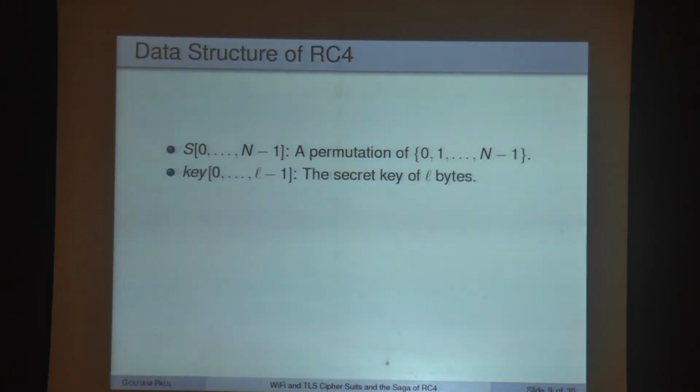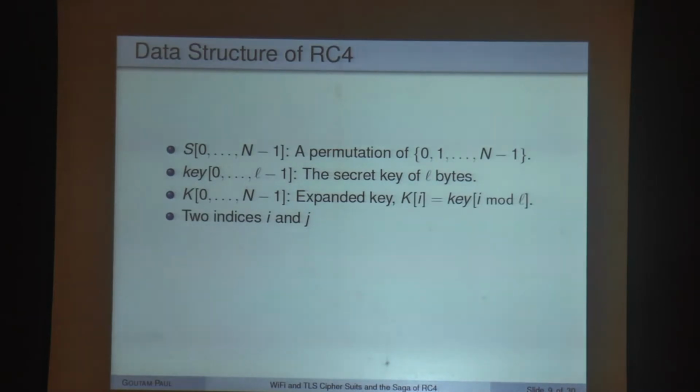Now you have the secret key. This is L. Now, L can be your choice. Typically you have a 128-bit secret key, right? So that is 16 bytes, so you can take L as 16. These are just parameters. Then you have this expanded key. This is nothing but to align the secret key along with this S.